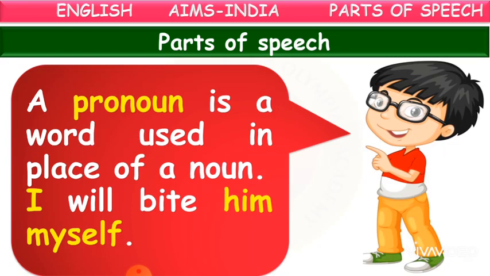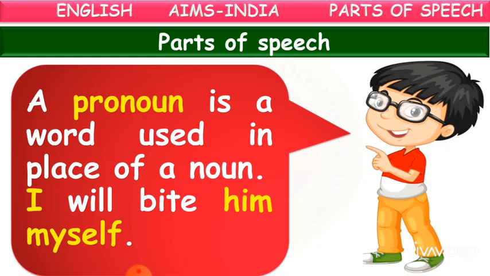Here, for example: I will bite him myself. These words are highlighted: I, him, myself. Instead of a noun, suppose instead of I, we can use Sita. Sita will bite him. Instead of him we can use another name, like Sharath.